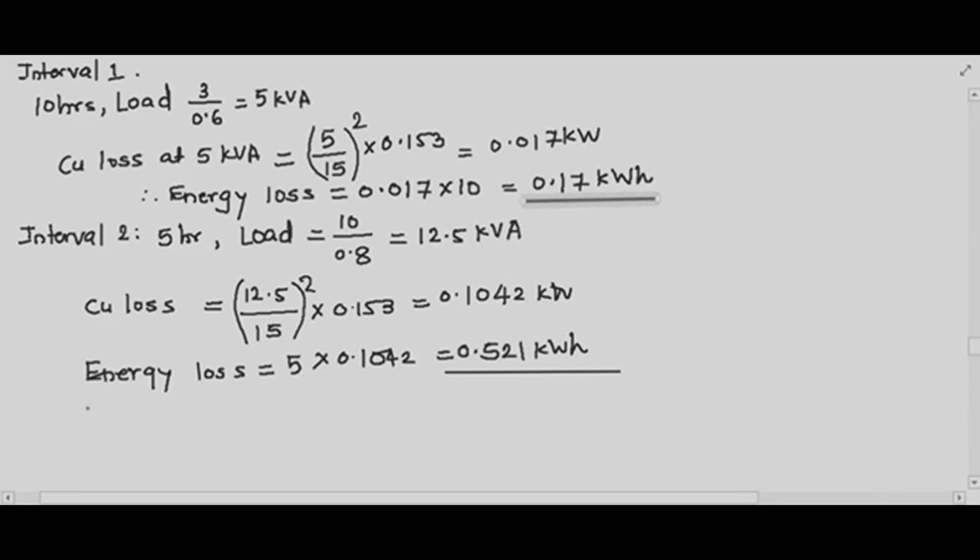Okay. Now, come to interval 3. In the same manner, we have to proceed for the other intervals also. Interval 3, I will write down 5 hours. Load is 18 divided by 0.9 equals 20 kVA. Right?